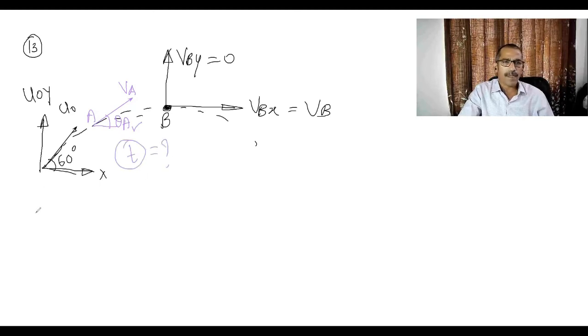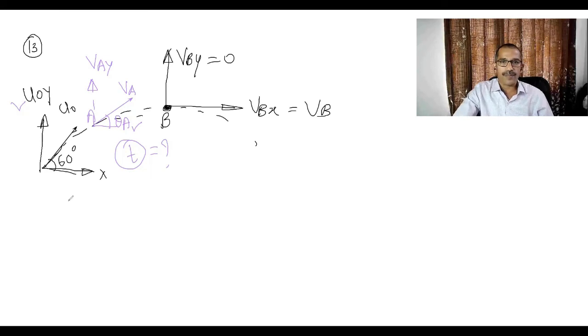It is very easy. What will we do? The angle is known, theta a, right? Any angle. So you can resolve this velocity into components. What will we get here? Vay. And initially u0y is known.